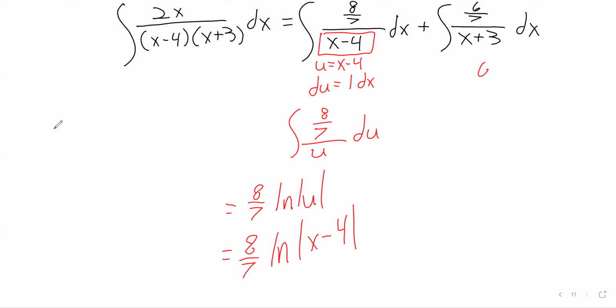And over here, it's going to be 6/7 the natural log of x plus 3.